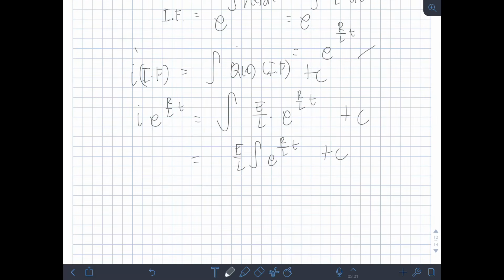When we integrate an exponential function, let U be R over L T. Then du with respect to t is R over L dt.